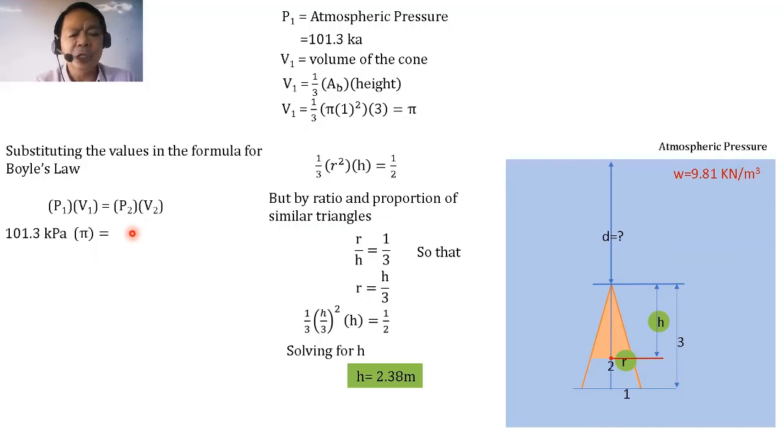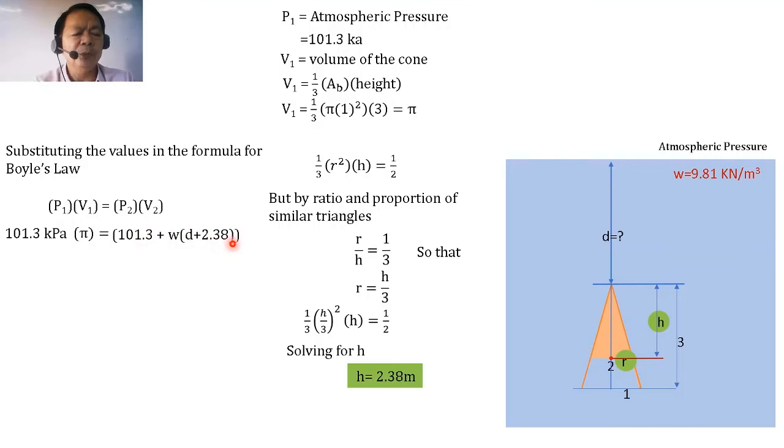Our P2 is actually the pressure at this point 2, which is shown before as the sum of atmospheric pressure plus the pressure due to the water, which is equal to the product of W multiplied by D plus H. But H is computed at 2.38, so we write it here as 101.3 plus W multiplied by the quantity D plus 2.38.